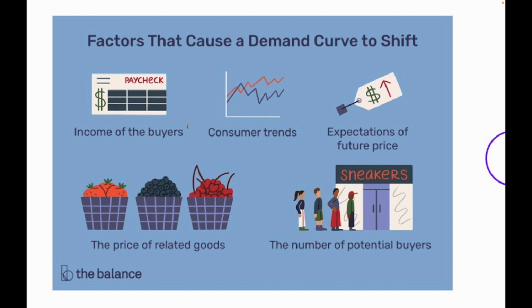It might change people's demand and consumption patterns. Expectations about future price, and we also talked about the future market. The price of related goods, remember complementary and substitute goods, impact decisions differently. And the number of potential buyers, because they impact the market demand, which is the summation of all individual demands. So any changes in that will reflect in a change in demand.